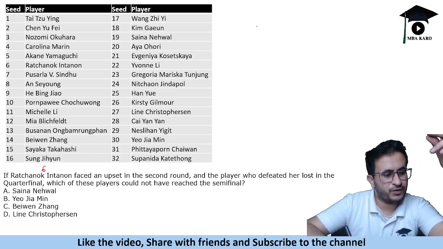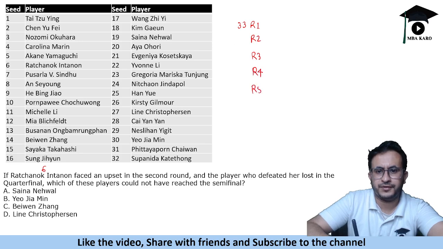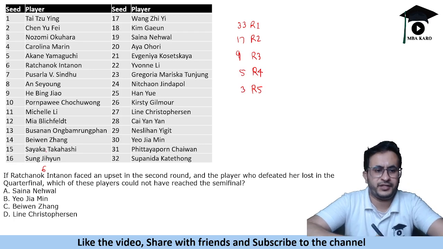Okay, so let's now look at the structures. Round 1, round 2, round 3, round 4 and round 5. So these are the seed sums that we have. We need to track the trajectory of this player.